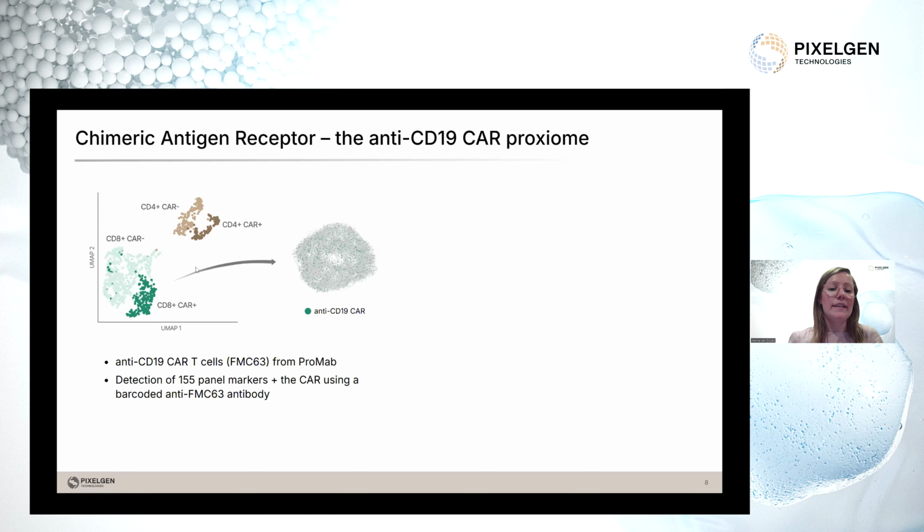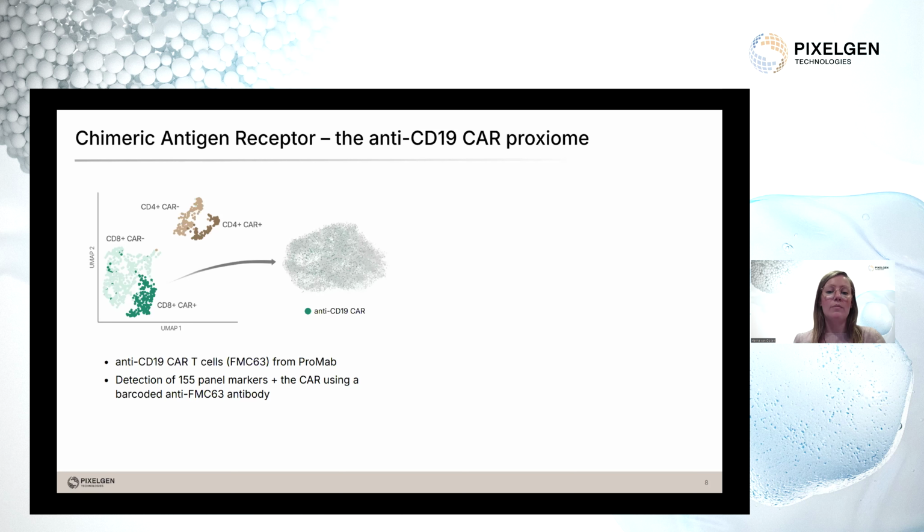What is really neat here is that every single cell that we're plotting, you can actually look at in 3D. Here I'm displaying one CD8 CAR T cell, where we're plotting the CD19 CAR receptor in green. You can see that the receptor is really evenly distributed all over the cell surface and at quite high levels. This is very much expected since we know that the CD19 CAR is quite homogeneously expressed on the cell surface.